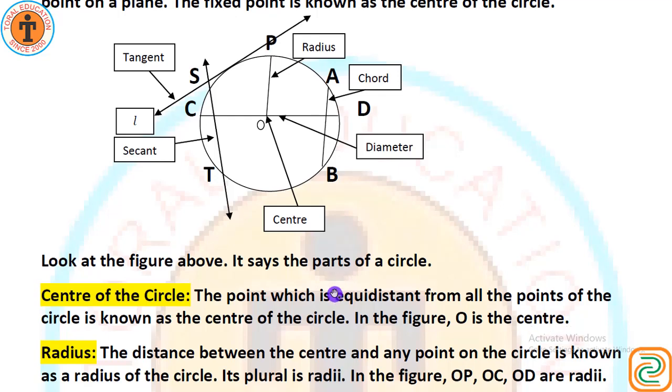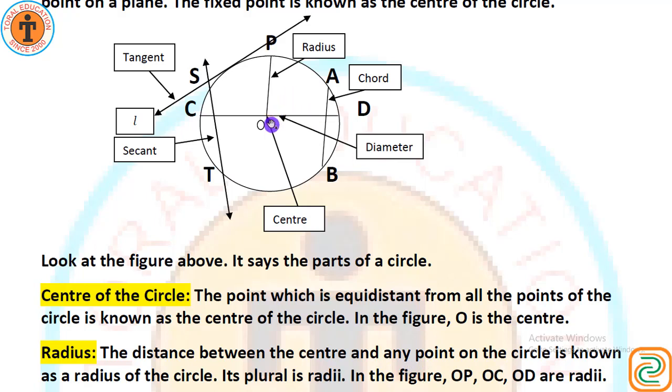Radius. The distance between the center and any point on the circle is known as a radius of the circle. These are simple definitions, very simple. You can remember all the definitions by heart. Look at this, distance between the center and any point on the circle.